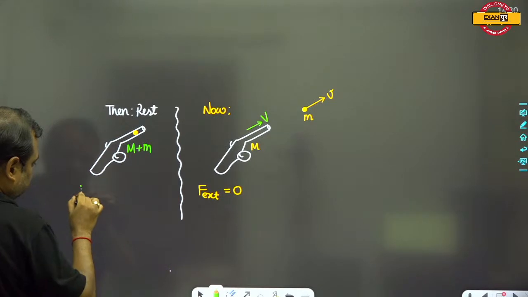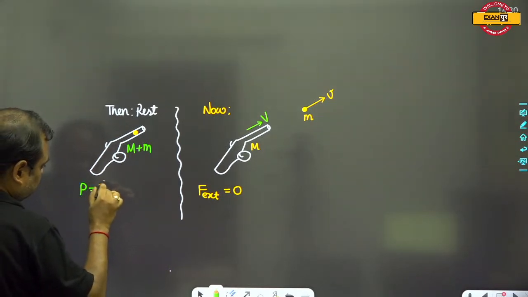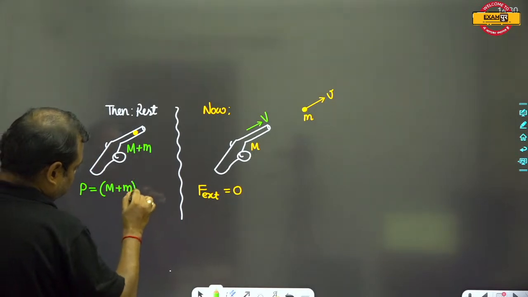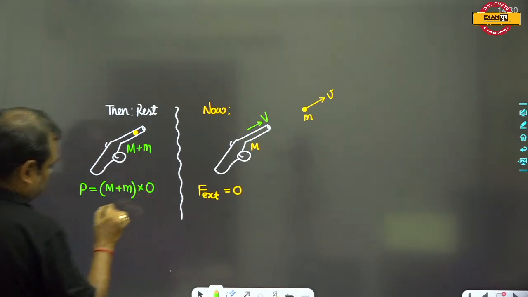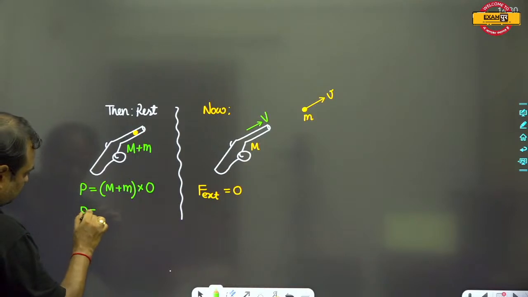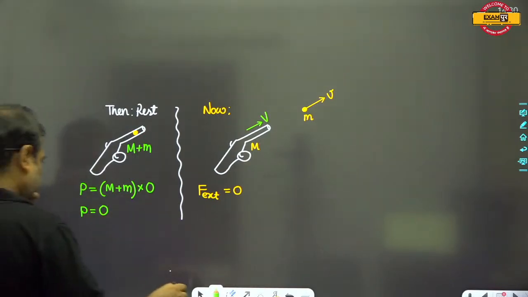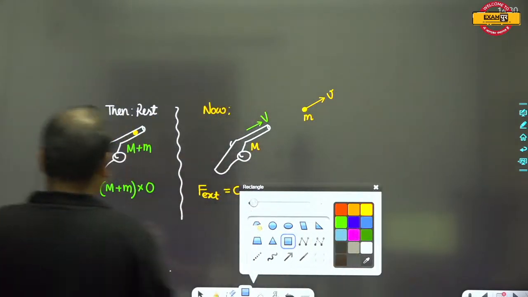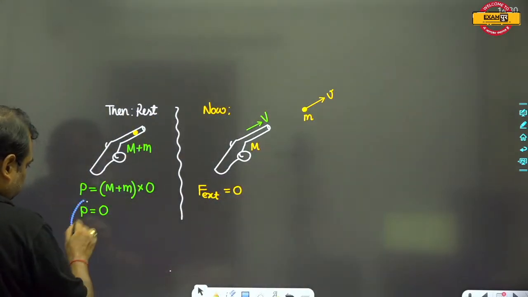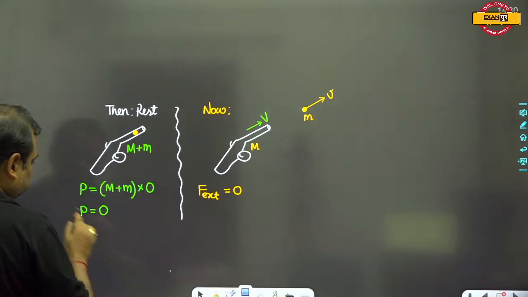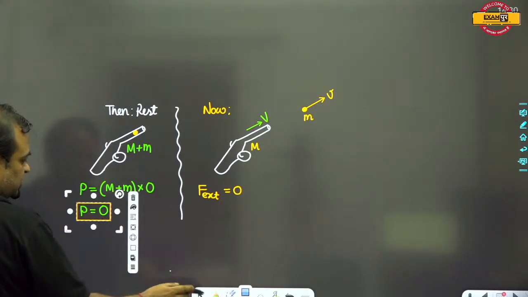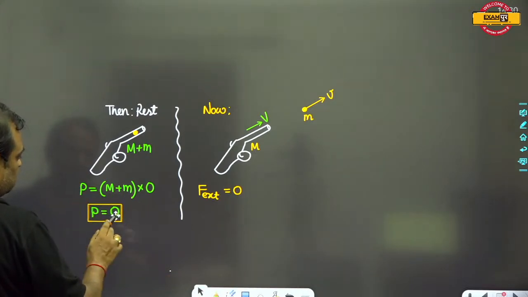So the complete linear momentum will be equal to capital M plus small m multiplied by 0, and capital P will be equal to 0.